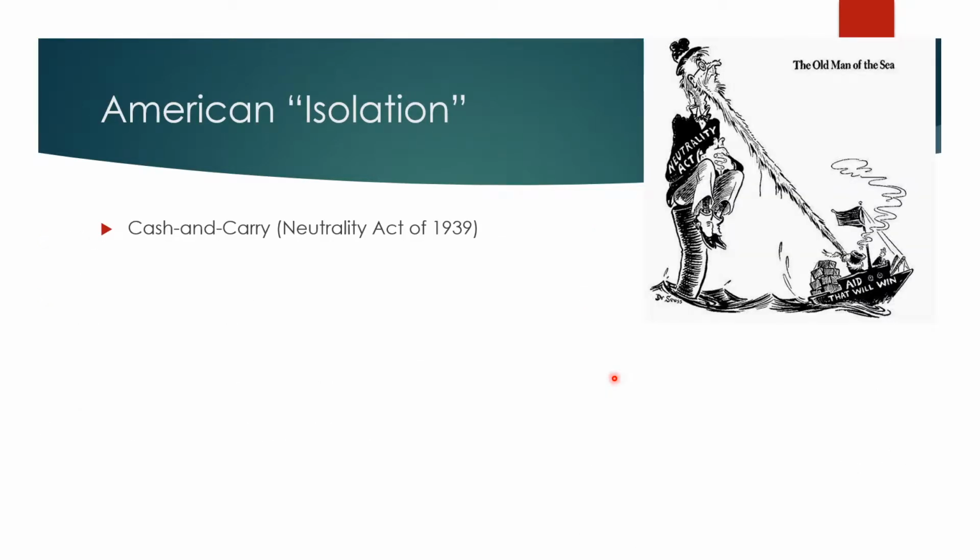So getting back to American isolation, when Germany invades Poland in 1939, the U.S. passes the Neutrality Act of 1939, which is cash and carry. The U.S. agrees that as long as the British and French, or the Allies, will pay for the goods and carry them themselves, the U.S. will start selling goods to European countries, whereas before this, the U.S. was not selling any goods to nations at war.